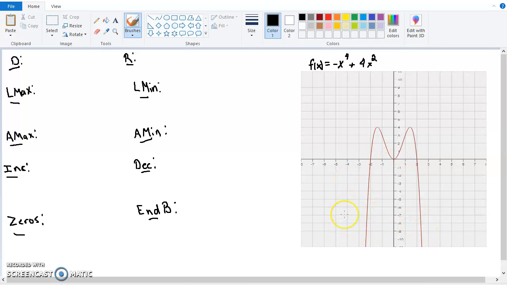It starts in the negative and goes to positive, so your domain is negative infinity to positive infinity. Now your range is from negative infinity to positive 4, since your y is positive 4.